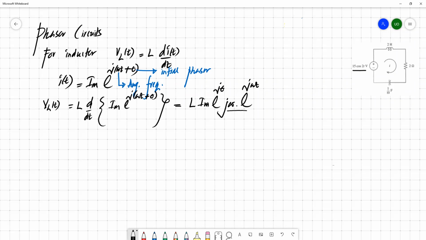We treated the constant separately, so we can simplify this as j omega L times Im e to the power j(omega t plus theta).